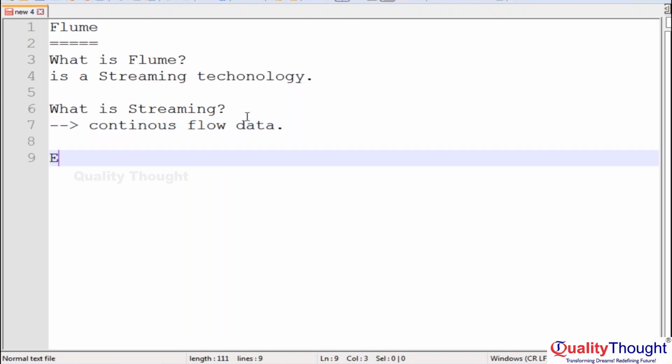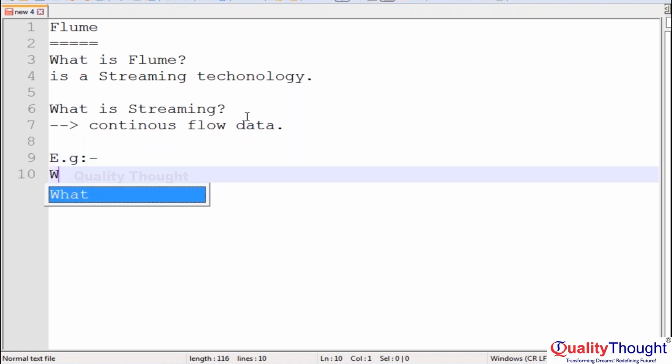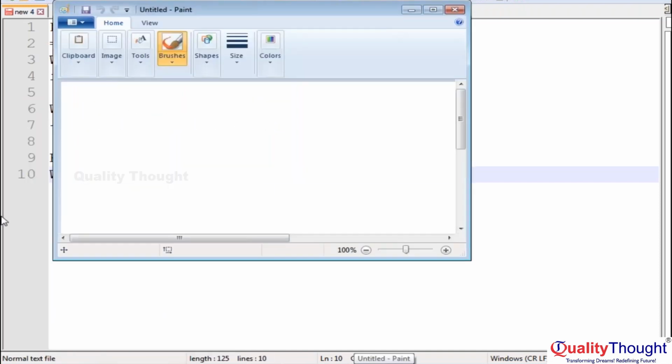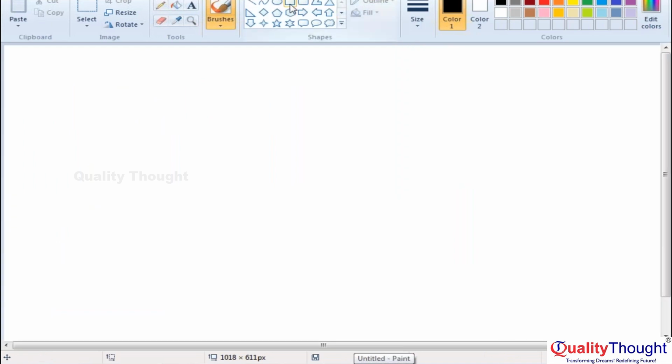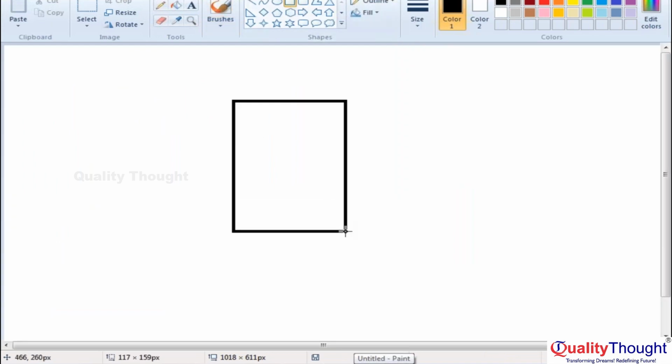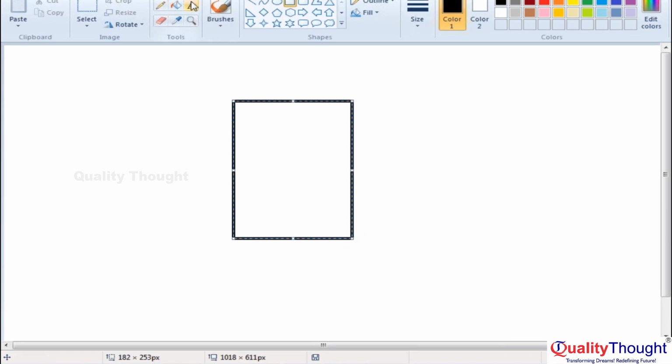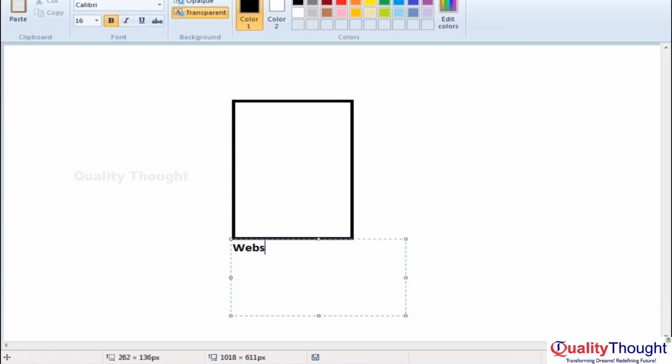Example, web server. So let's take web server or application server.